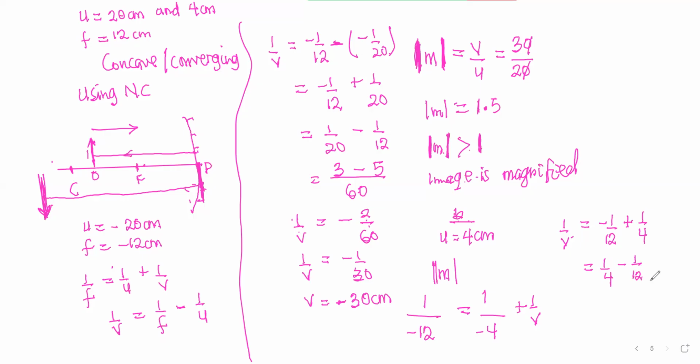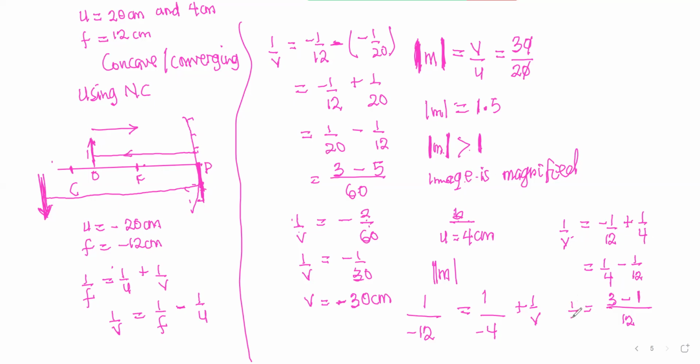In my SHS days, I wasn't a fan of negative, so I'll always write positive before negative. So LCM 12. 4 goes into 12, 3. 3 times 1 minus 12 will go into 12, 1. 1 times 1.